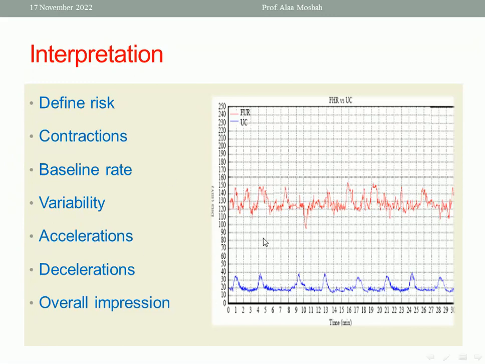During uterine contraction, if there is a drop in the fetal heart rate with the contraction and it ends with the end of the contraction, this is called early deceleration. Okay? But if it continues after the end of the contraction, it's called late deceleration. And this is dangerous, denoting fetal hypoxia.